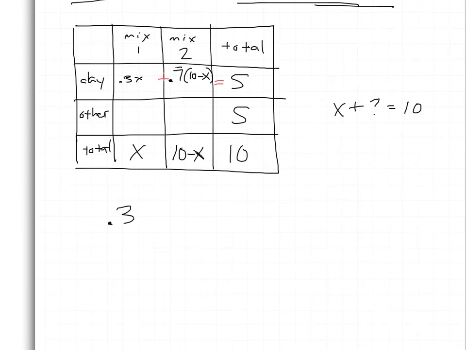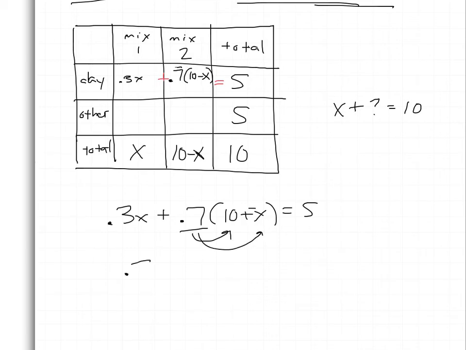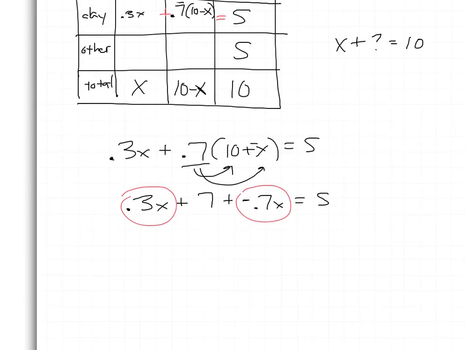This is 0.3x plus 0.7 times 10 minus x is equal to 5. And so if we look through this, we definitely have to do some distribution here. That's going to give me 0.3x plus 7 plus negative 0.7x is equal to 5. I'm going to go ahead and combine my like terms here. That gives me negative 0.4x plus 7 is equal to 5.